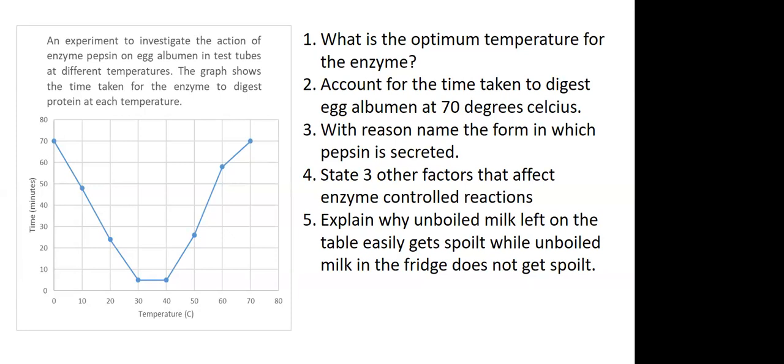Or they can occupy another part of the enzyme, still stopping the substrate from binding with the enzyme. So anything that stops the substrate from binding with the enzyme is called an inhibitor.